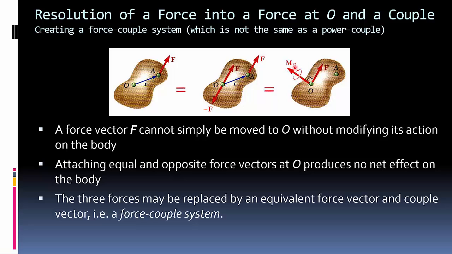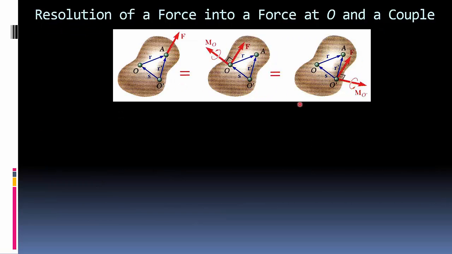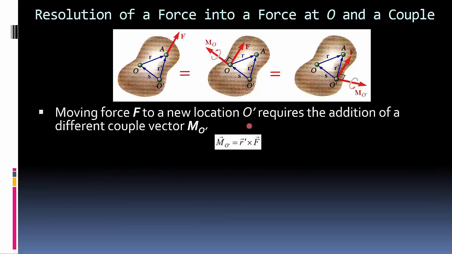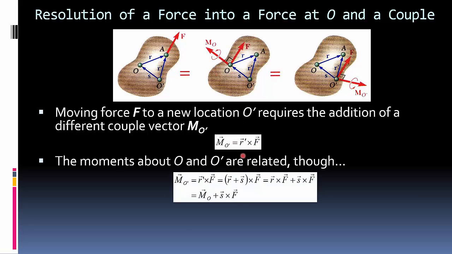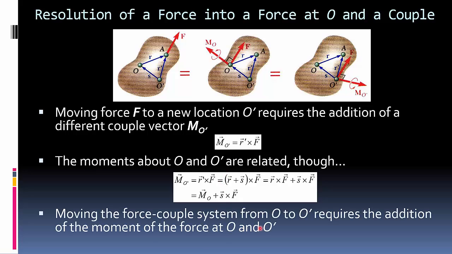We fix that by adding in the couple. We do the same thing about some other arbitrary point O. The moment is r cross F. You can move it anywhere you want as long as you make the appropriate changes to the couple to account for that.